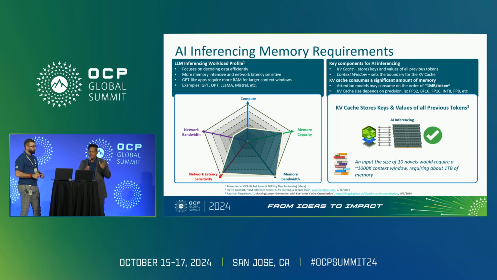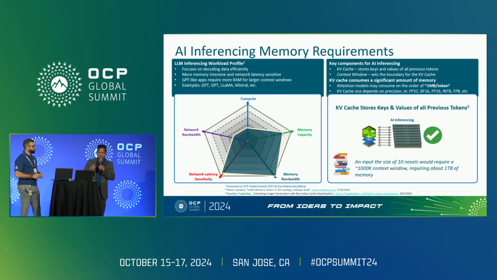And every service has a different context window. Context window is limited because it comes at a cost, a cost of memory. Some servers may only have a very limited amount of memory. 768 gigabytes is pretty typical.